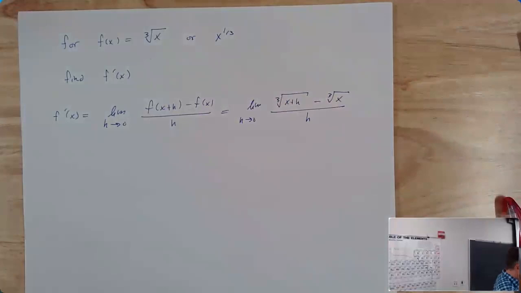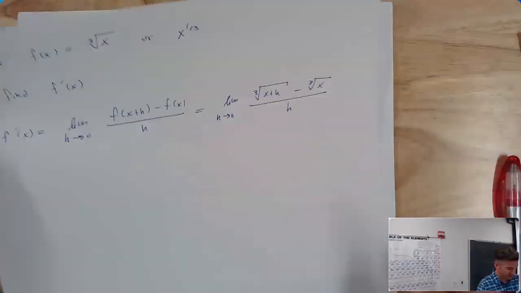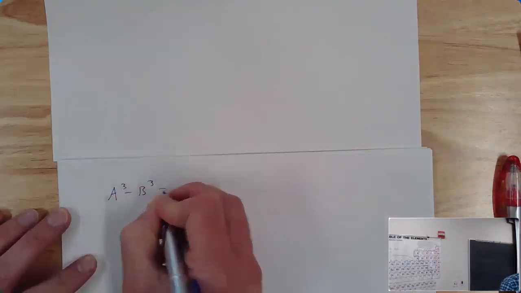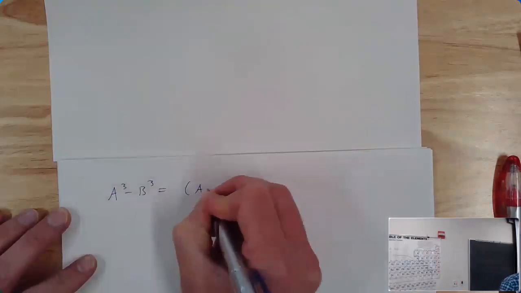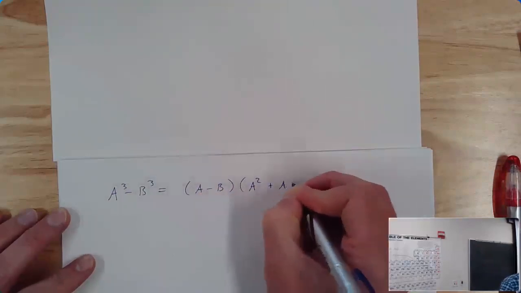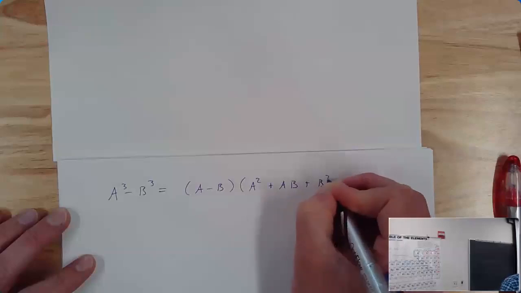Okay, so I'm going to remind you of something I've already said today. I'm going to write it out though, because it is worth remembering in case you haven't seen it before. So just so you're aware, you have a difference of cubes. It's equal to the first thing minus the second thing times the first thing squared plus the first thing times the second thing plus the second thing squared.